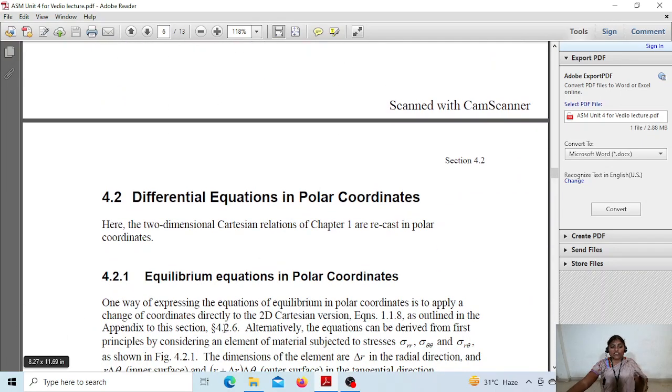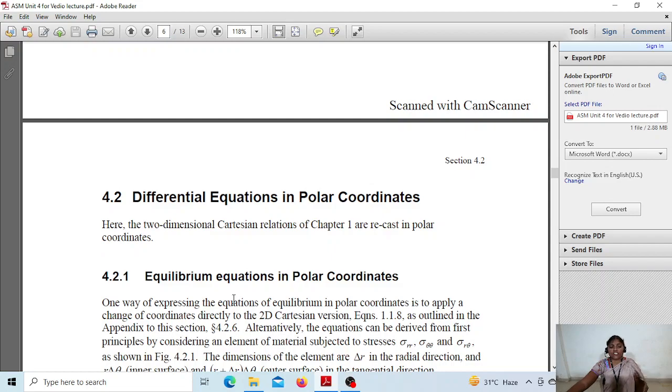Now let us take the next topic of our lecture. This is differential equations in polar coordinates. In the previous unit you have learnt equations in Cartesian coordinates. Here in this chapter we will be learning equilibrium equations in polar coordinates. What are the equilibrium equations?